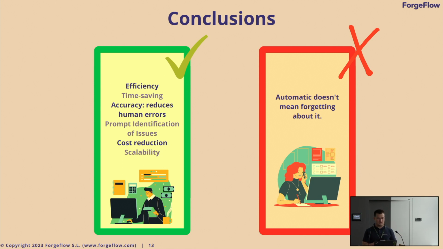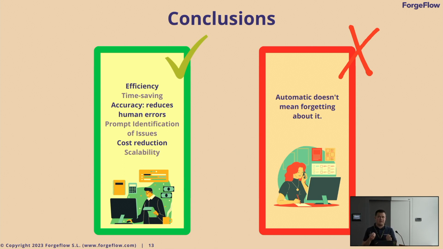So you focus your time not on reconciling things that work, but on investigating the issues or problems you could have in the system. And it's also a very scalable solution.